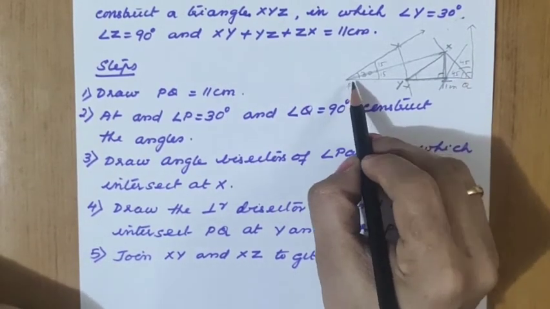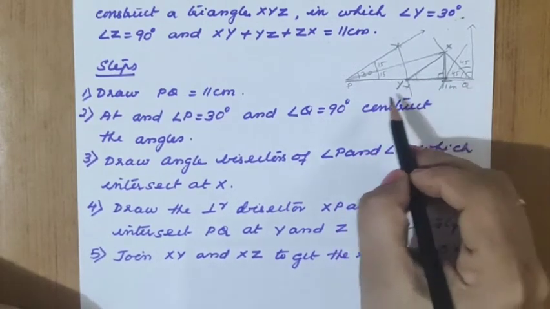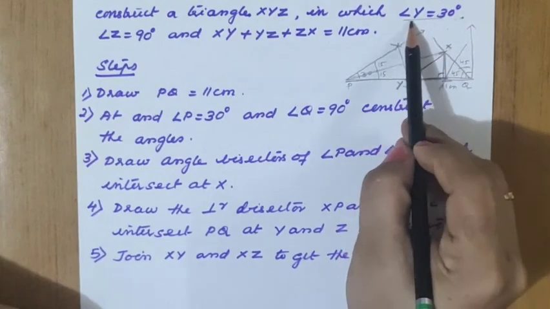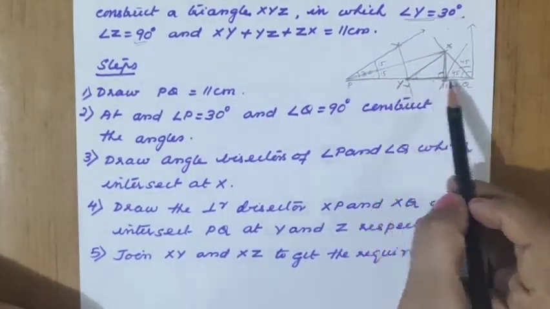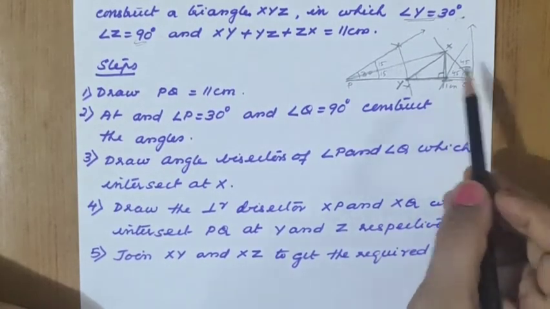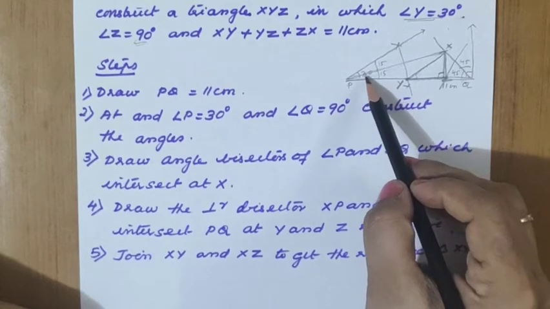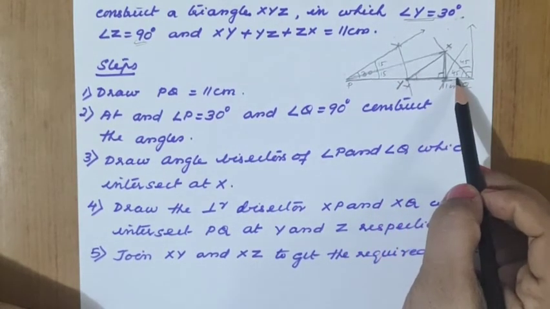Let me see the steps once again. What have we done? First we drew the perimeter length, that is PQ equal to 11 centimeters. Now whatever base angles are given, 30 and 90, we constructed respectively at P and Q. Now what is the next step? Angle bisectors to be drawn. So we make 30 into two equal parts, 15 and 15, and here 45 and 45.